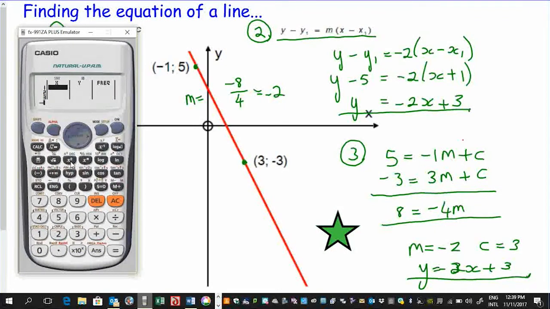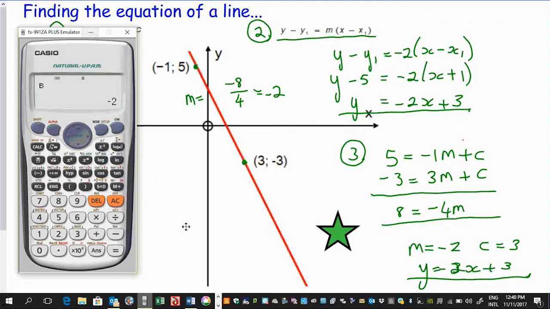And I need a line that's going to go through -1, 5 and 3, -3. So I just put my 2 points in, press all clear, go shift stat 5, and I can get my a value. Remember, it's a plus bx. So the a value, in fact, will be 3.